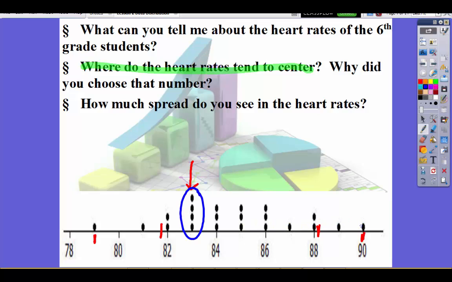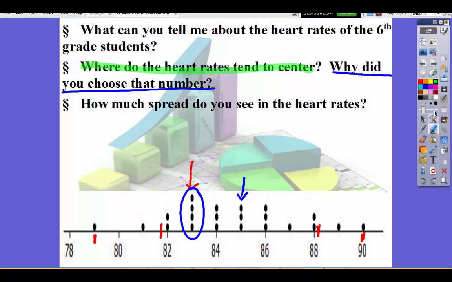There's 11 numbers, so I can just pick the one in the middle. So I could say it centers around 85. Either way is acceptable as long as I give that justification. So if I say 85, I should say it's 85 because that number is in the middle. If I say it centers around 83, I'd say it centers around 83 because that is my most common number.